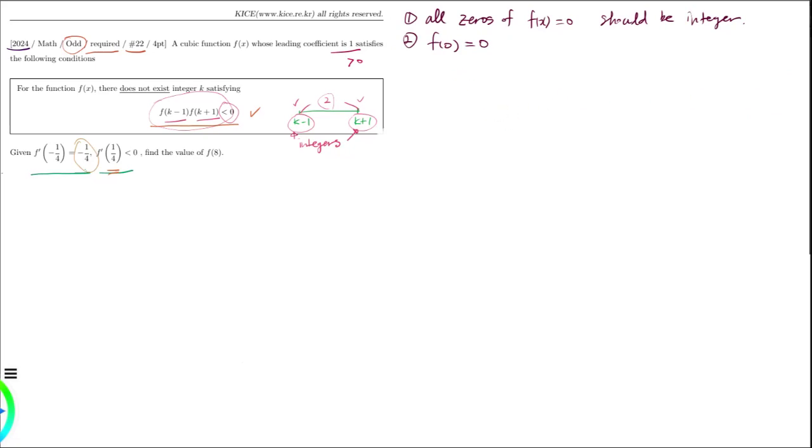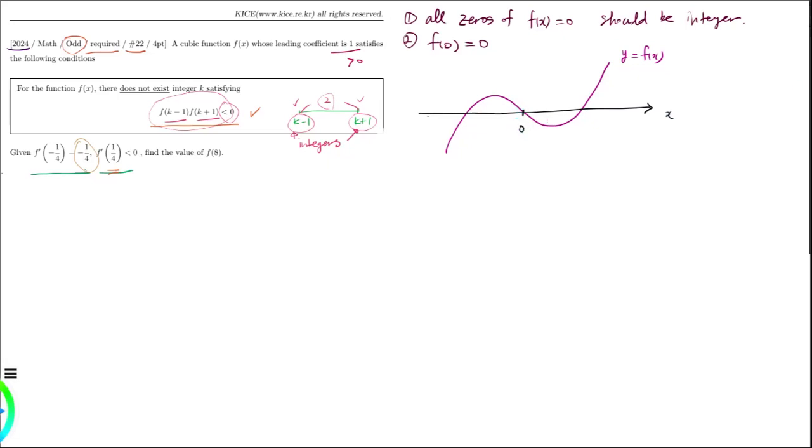So the graph for y equals f of x will look like this, and then it passes through the origin here.